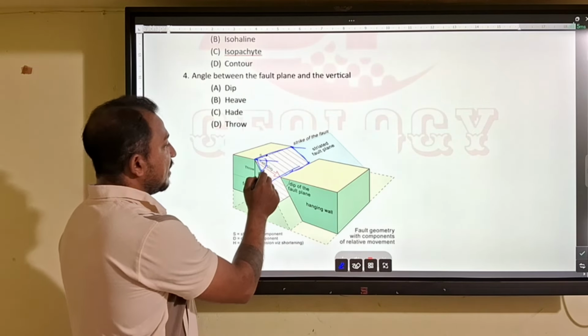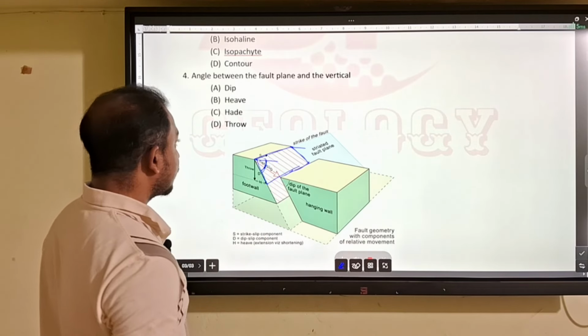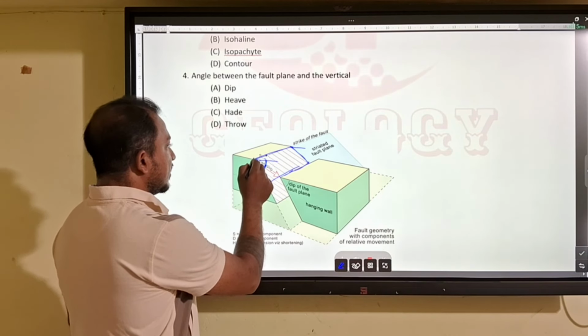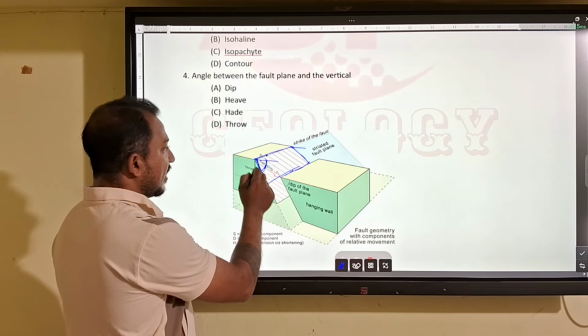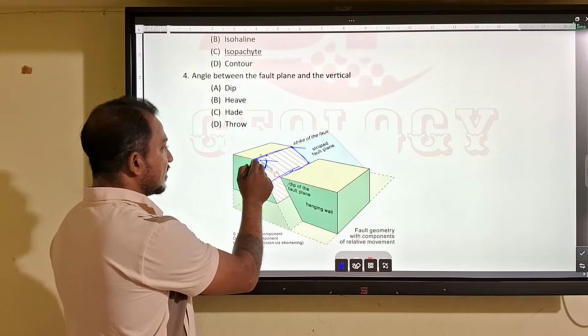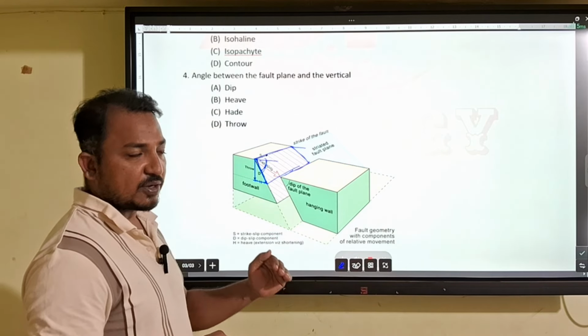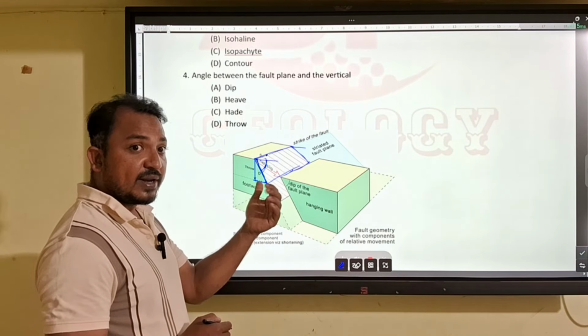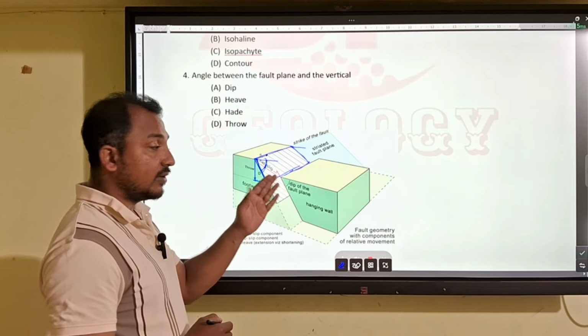So this will be the dip of the fault plane, measured from the horizontal. Now this is the inclined plane, and this is called your throw, this is called your heave. Throw is the vertical displacement, heave is the horizontal displacement of a fault plane. Or you can say there is an inclined fault plane: the vertical component is called throw, the horizontal component is called heave.